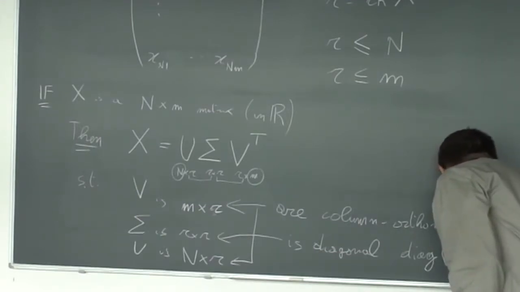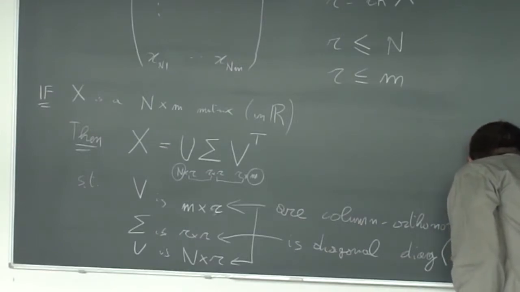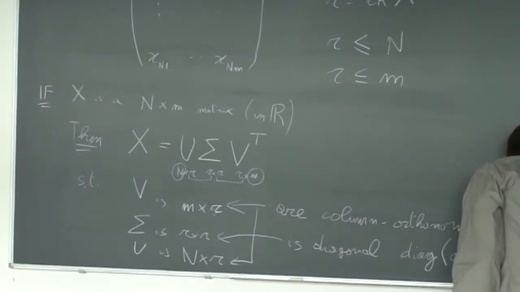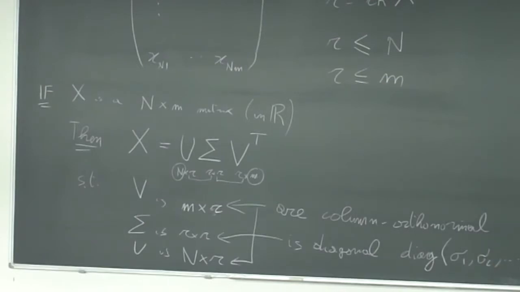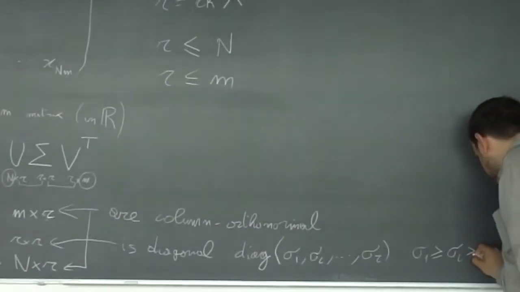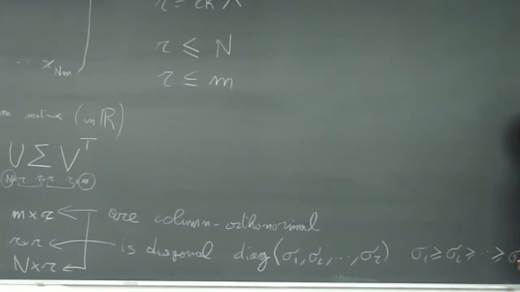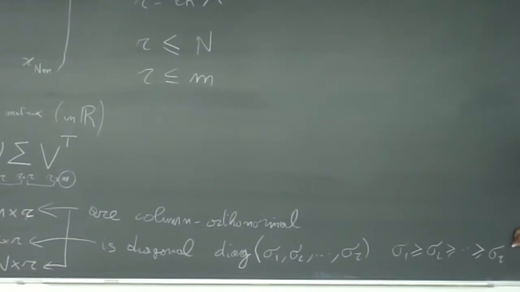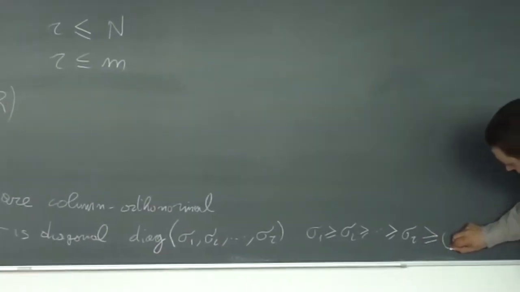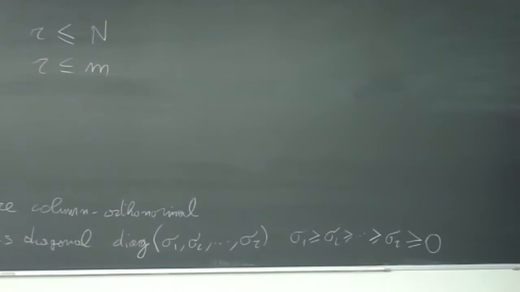Let's call them sigma 1, sigma 2, up to sigma r. It's an R by R matrix. And let's put them so that sigma 1 is greater than sigma 2, and so on, down to sigma r. And all elements in the diagonal are greater than or equal to 0.